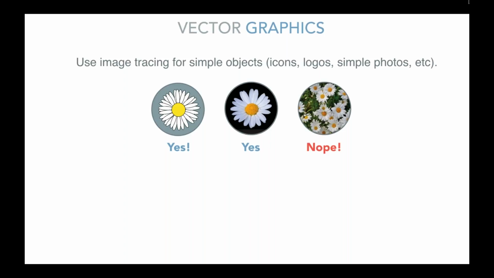The first one is pretty easy because it's a simple one, so you can easily use the automatic tool to create an image trace of this flower. For the second one, it's a bit more complicated, but you still can do it. And the third one, it's a no way. It's not possible. It's way too complex.